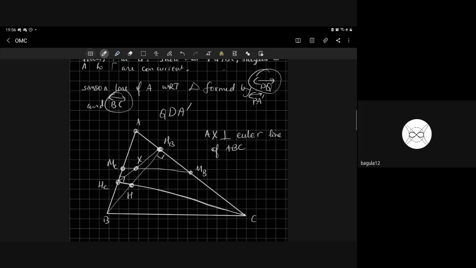MB and MC are midpoints. HB is the foot of altitude from B, HC is the foot of altitude from C. And H is the orthocenter of ABC. So AX is perpendicular to OH is what you want to show.